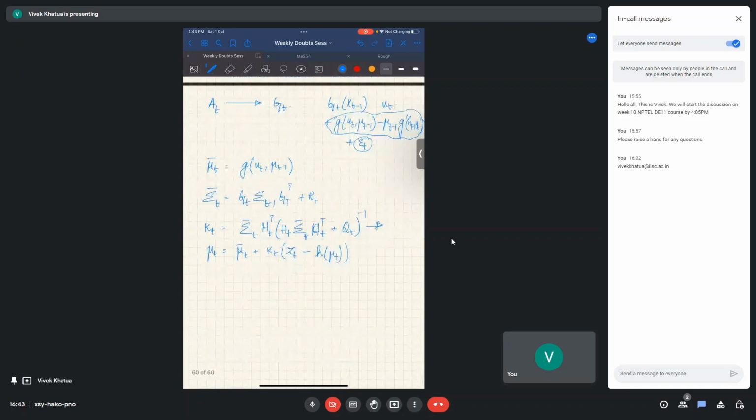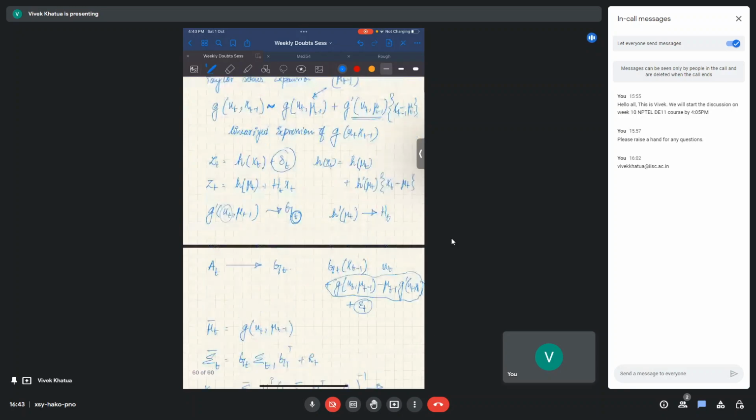Then we come to our belief update, that is I minus Kalman gain times H_t times belief prediction. So this is the difference between these two.